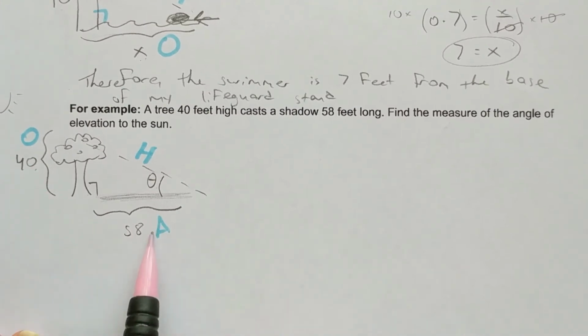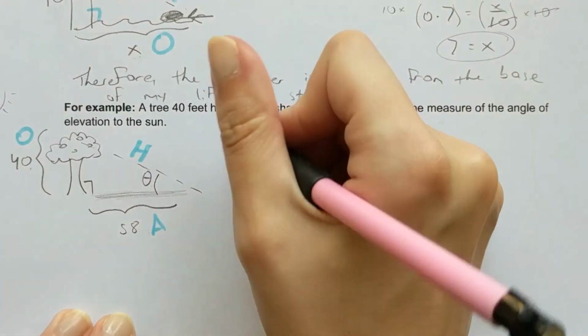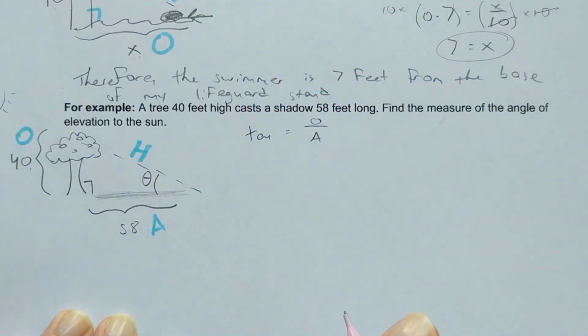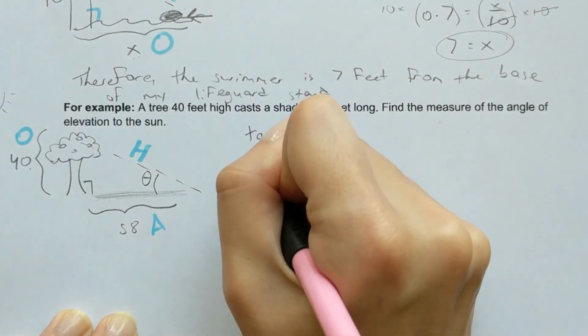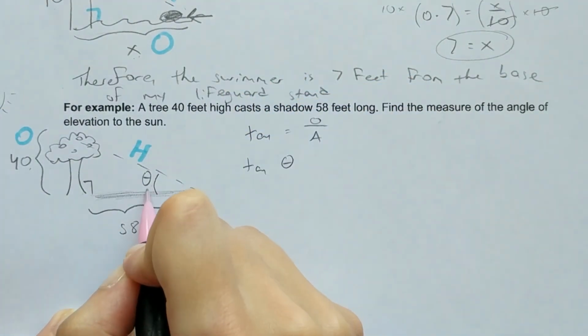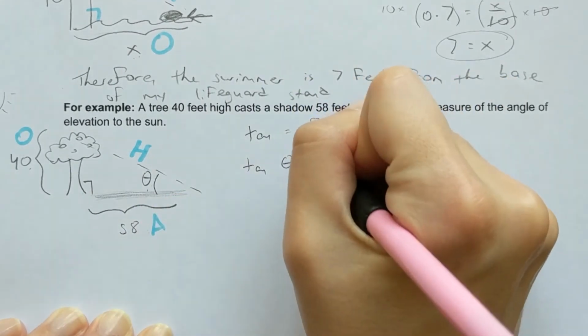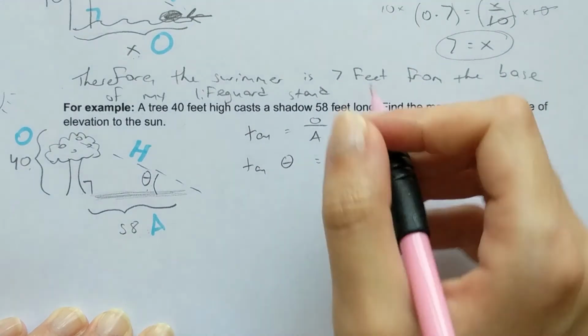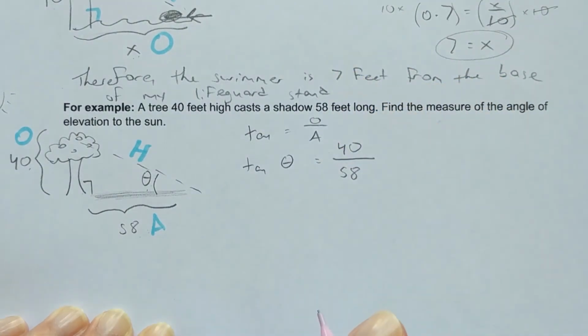And that ratio happens to be tan. So I'm going to pick tan is opposite over adjacent. Now I can fill in that information. Tan of what angle? I don't know. Tan of theta is opposite, which is 40, divided by adjacent, which is 58.